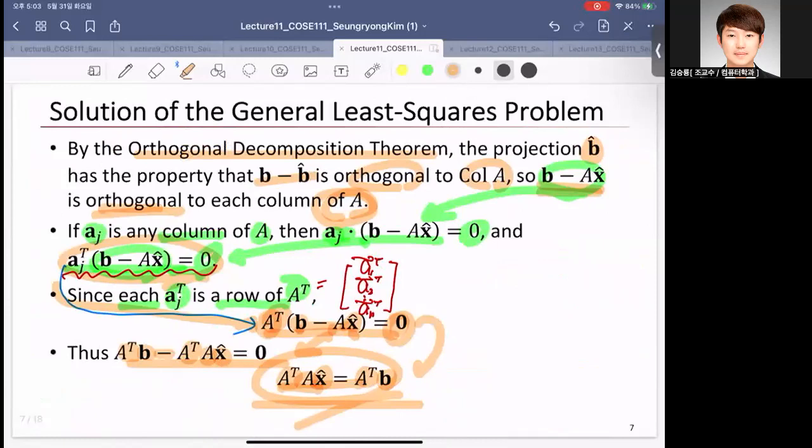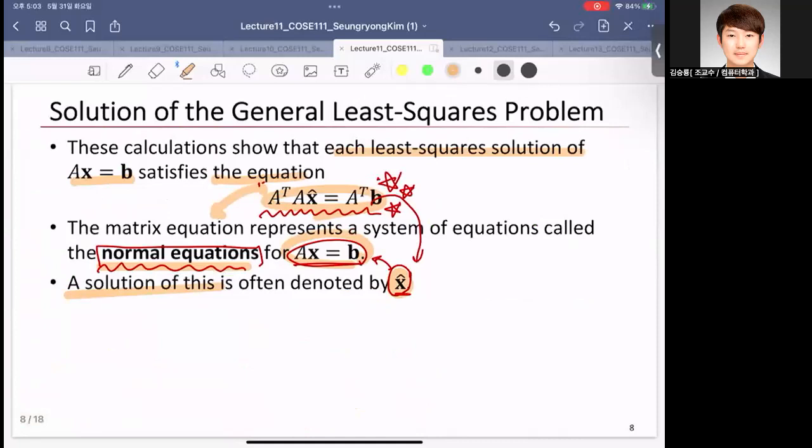Right? So when we compute this, we finally achieve A transpose A times x hat is equal to A transpose b. In other words, the solution of A transpose A times x hat equals A transpose b is the least square solution for the original matrix equation Ax equals b.